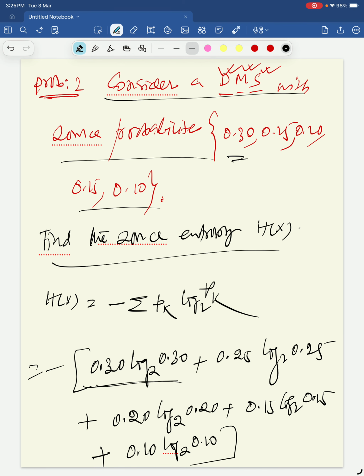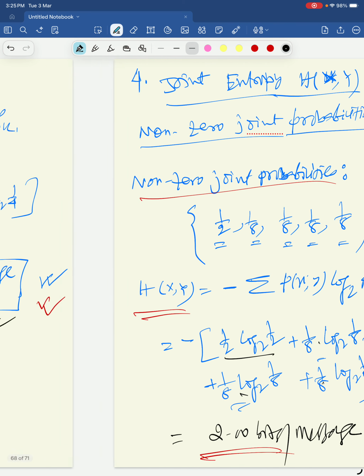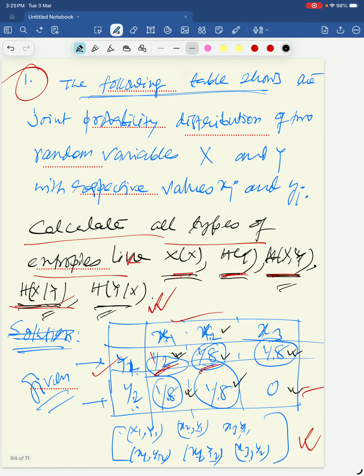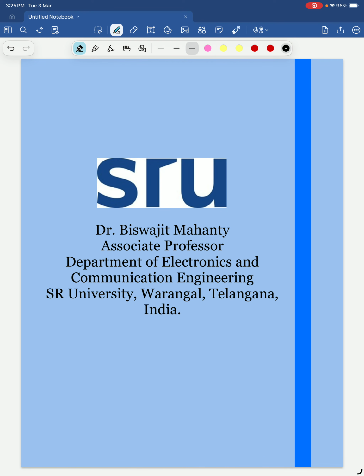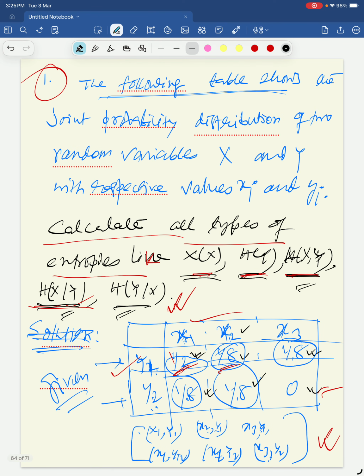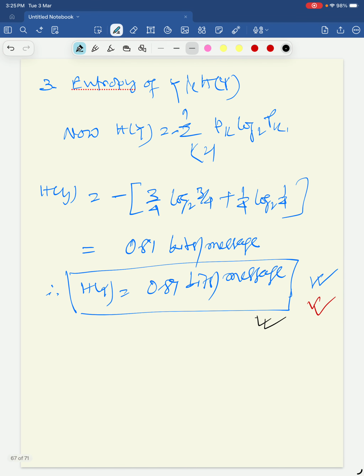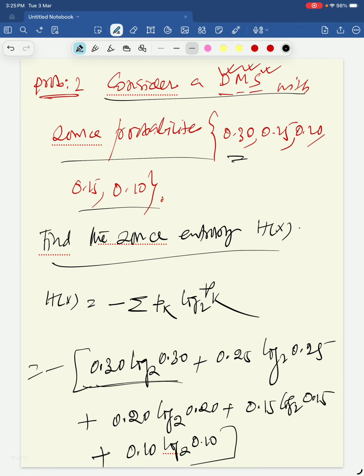So we have finished our two numericals, and these two numericals both are useful and very important. So I shall give you one more numerical and you try to solve at your home.